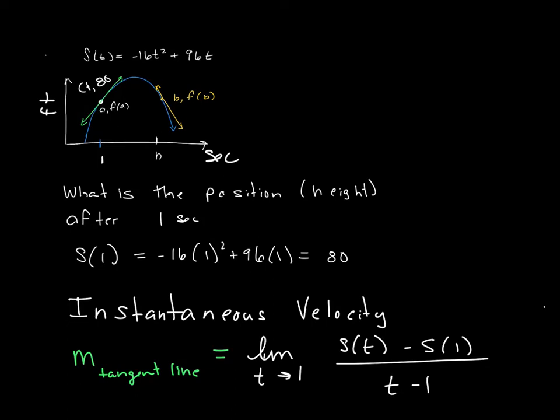This will give me the instantaneous velocity when the time is equal to 1, or the slope of that tangent line in green that I have drawn.